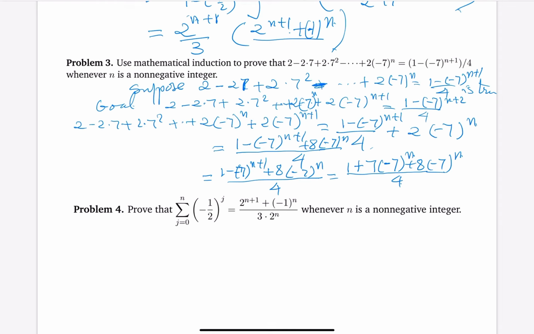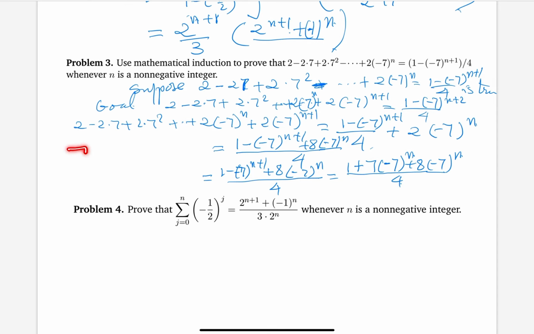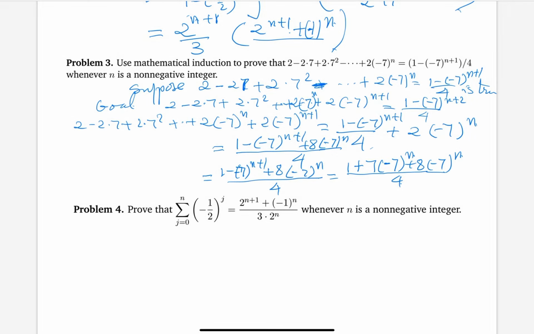Now here, I want you to know something. From here you have 7 times (-7)^n, which is just negative (-7) times (-7)^(n-1)... and you end up having, from here, 1 minus (-7)^(n+1), okay?